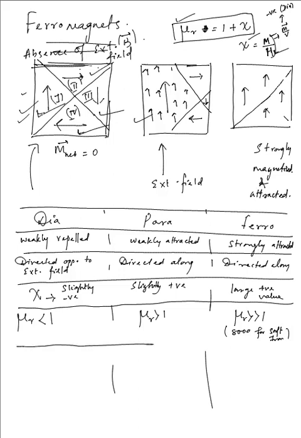Then we have the next point of difference between these materials. The diamagnetic materials are unaffected by any change in temperature.